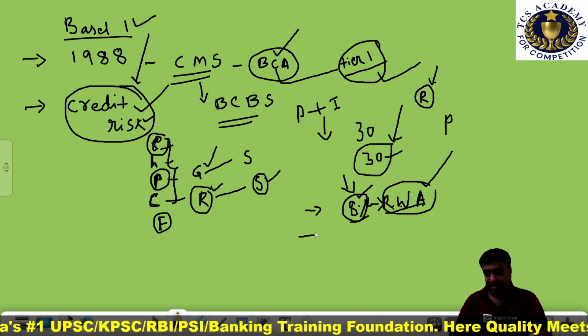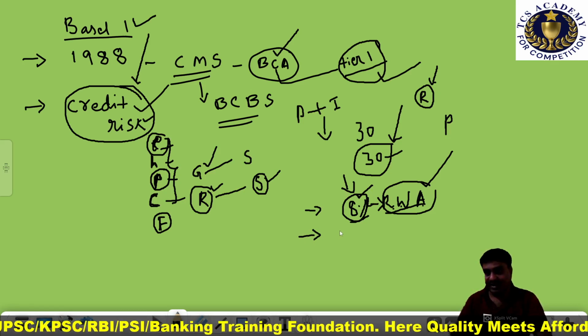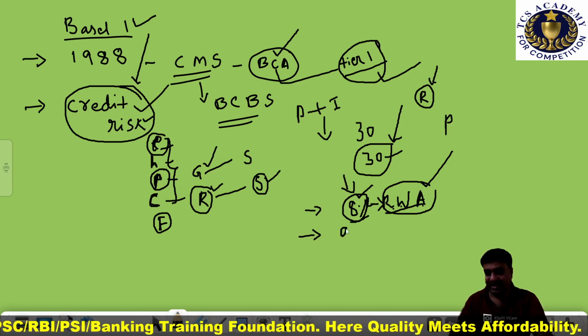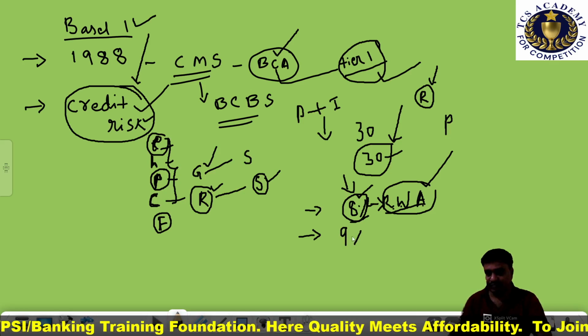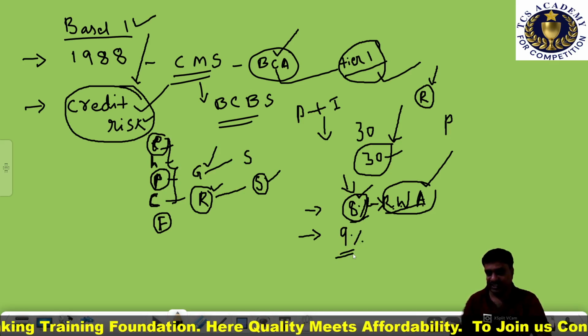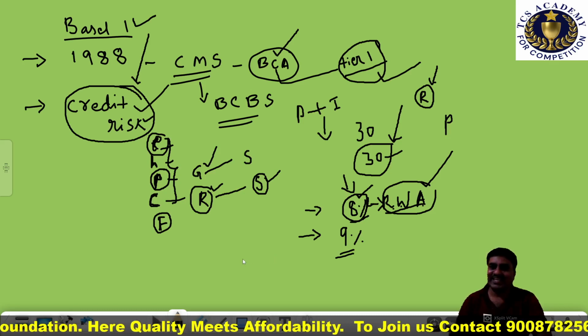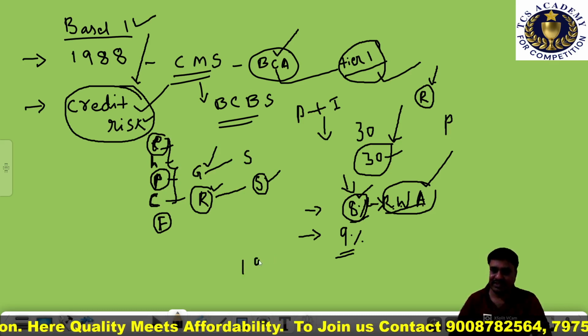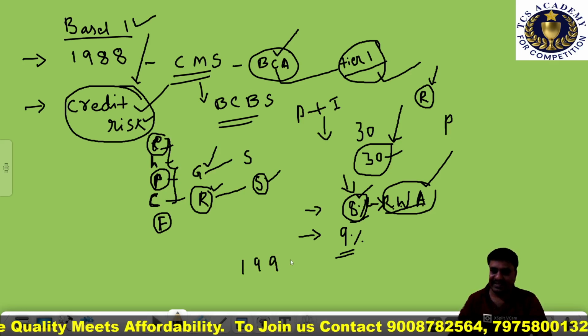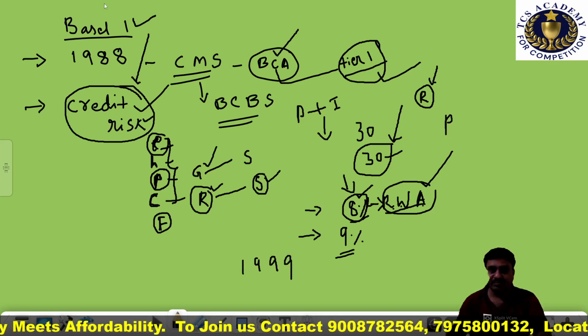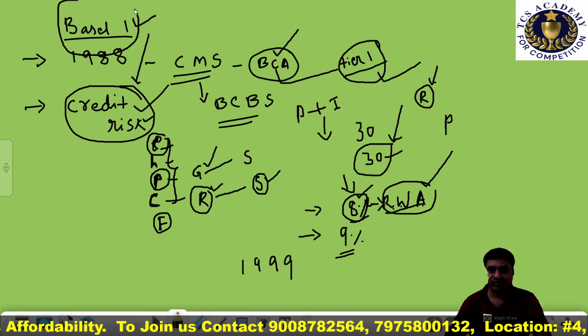But RBI, Reserve Bank of India, has issued guidelines to all the commercial banks, let it be 9% as far as India is concerned. During the year 1999, these Basel I guidelines were accepted.